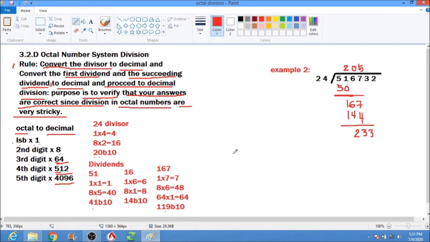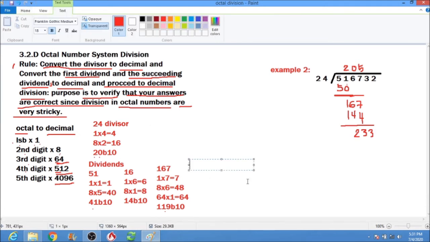The next dividend is 233. Okay, so 1 times 3 will be equal to 3. The next, 8 times 3 equals 24. And the next, 64 times 2 will be equal to 128.